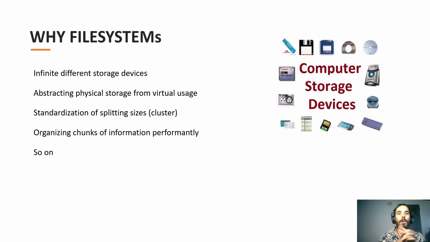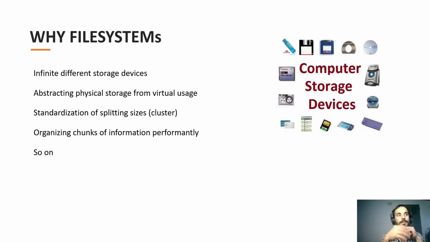So why do we need a file system? Because there are infinite different storage devices. Not infinite, but there are a lot of them. Hard disks, SSD disks, flash memories like USBs or pen drives, flash cards, tapes, tons of them.